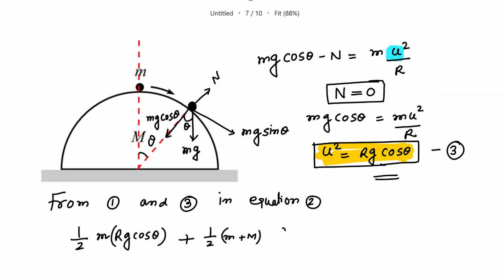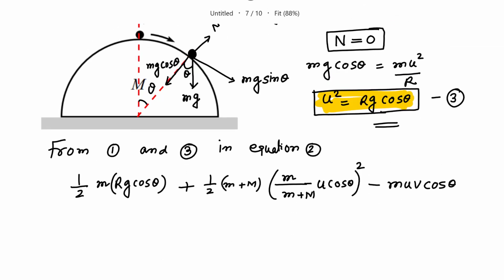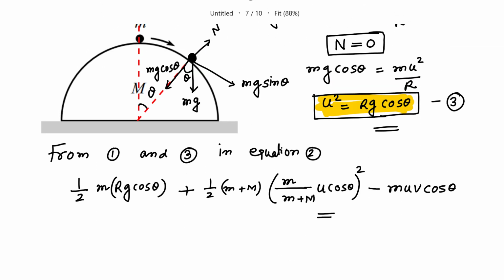So this is m by m plus M u cos theta, and the square of this term, minus we have muv cos theta, and this is equal to mgr (1 minus cos theta).